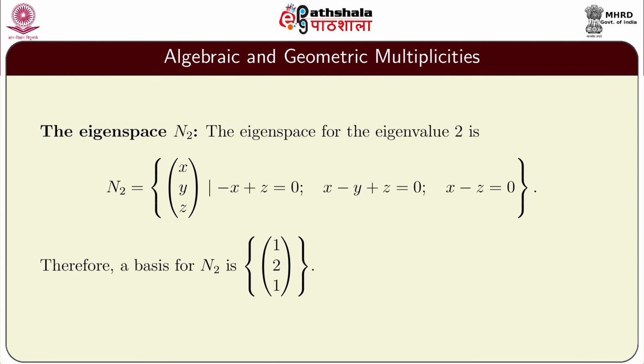And finally, the eigenspace N2 corresponding to the eigenvalue 2, that is kernel of A minus 2I, is nothing but the collection of all those 3 tuples (x, y, z) such that they satisfy the simultaneous linear equations minus x plus z equal to 0, x minus y plus z is equal to 0 and x minus z is equal to 0. And therefore, a basis for N2 is a singleton again consisting of this vector (1, 2, 1).